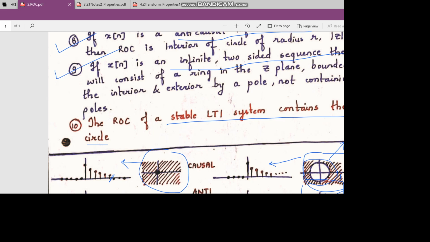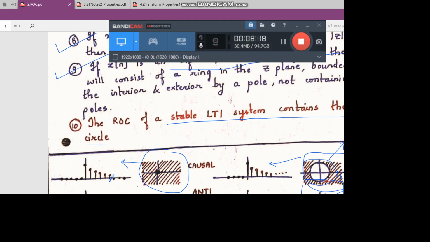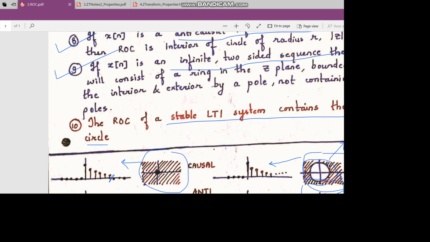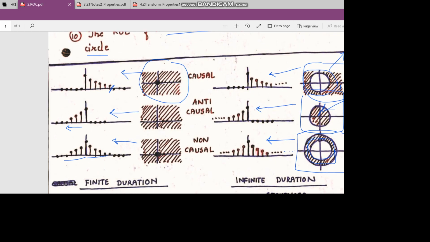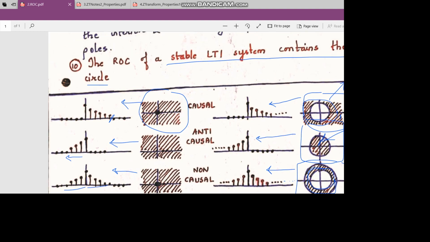If the unit circle is inside the ROC, then the system is stable. If the unit circle is not lying inside the ROC, it is outside the ROC, then the system is unstable. So we can understand the stability of the system by looking at the unit circle and its location with respect to the ROC.